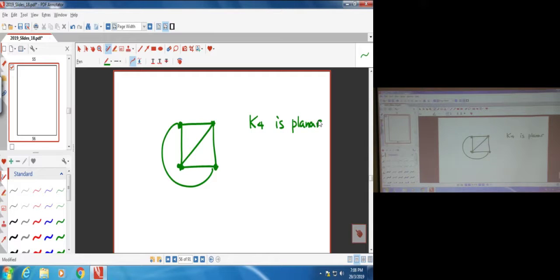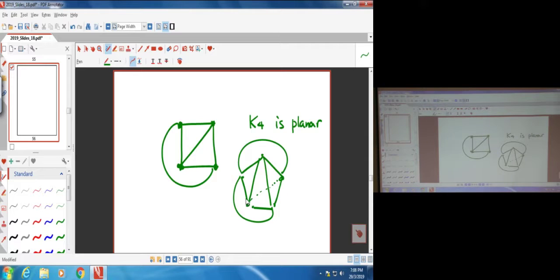Remember K4 is the graph with 4 vertices where every pair of vertices is connected. So K4 is still planar, but K5 is not. Suppose you have 5 vertices. Now you can connect some of them, maybe like this, like this. Oh! These two, no matter how hard you try, I don't think you can.